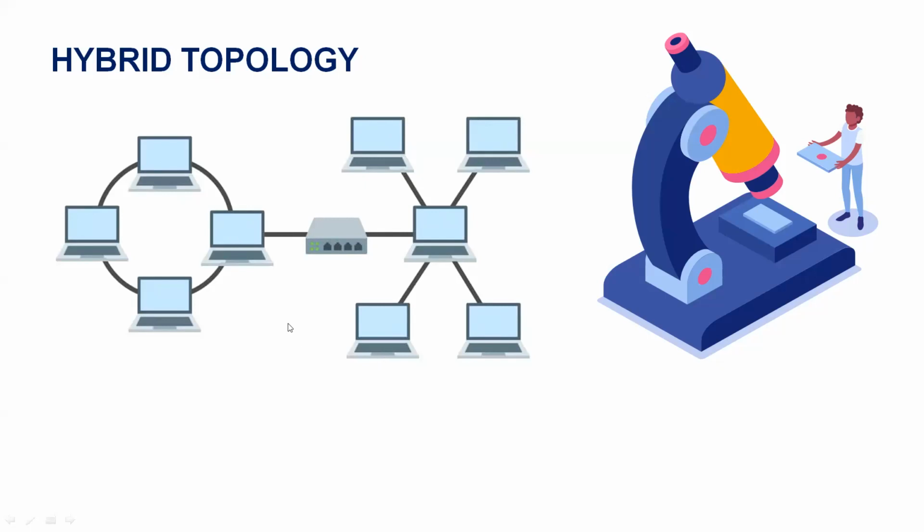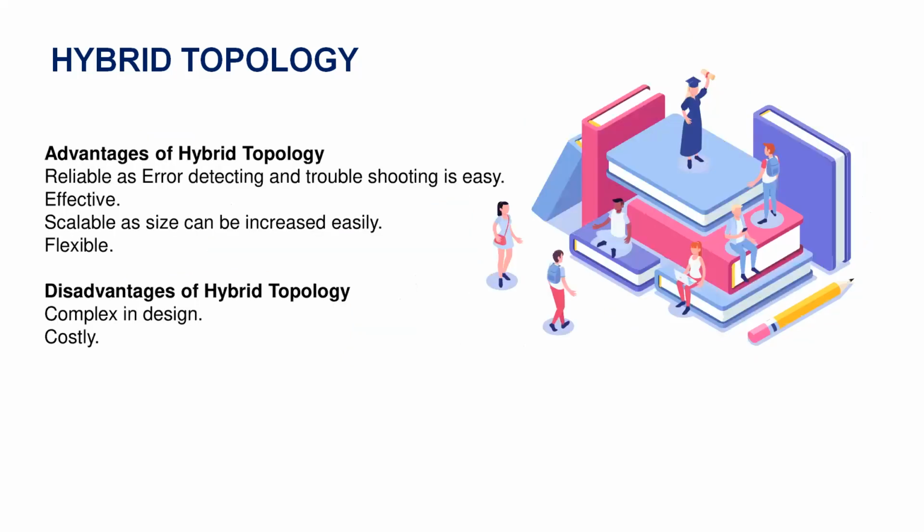Now, we cannot give any specific name to this topology. It is like mixed vegetables. For example, you are eating something at home, you mix your vegetables and you make a new dish. That dish is not a specific vegetable, it is known as mixed veg. Same as it is known as a hybrid topology.